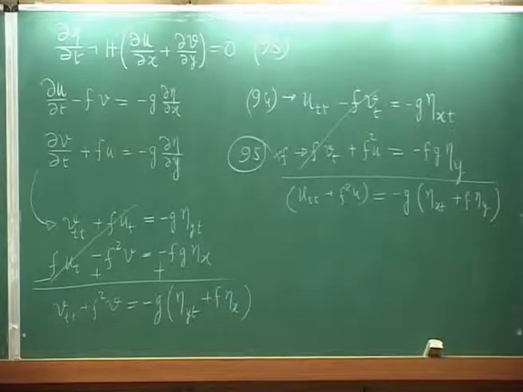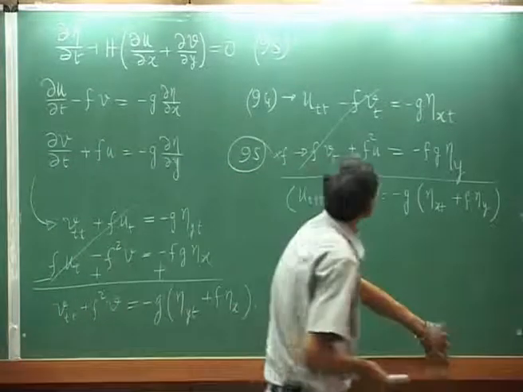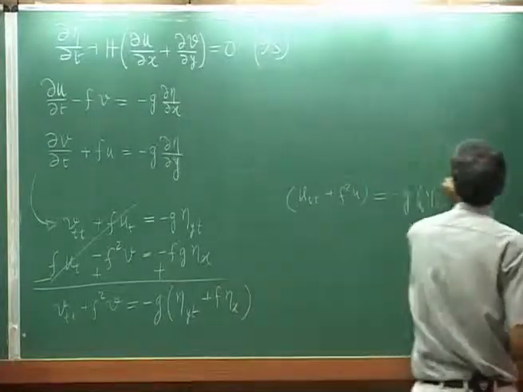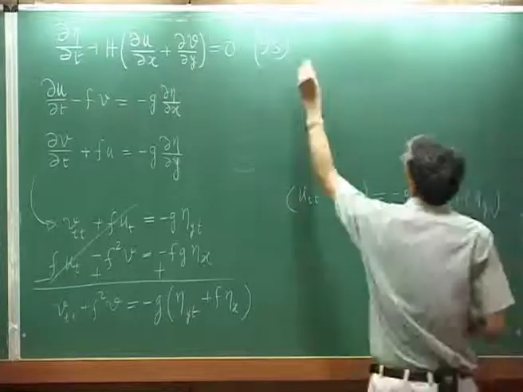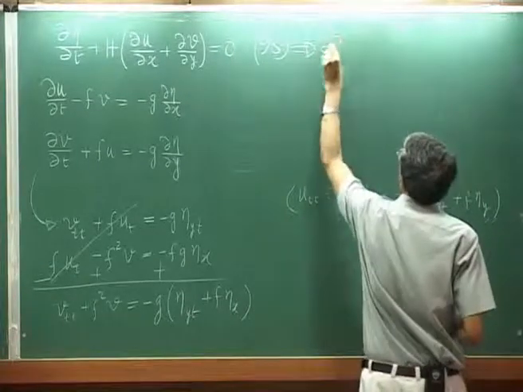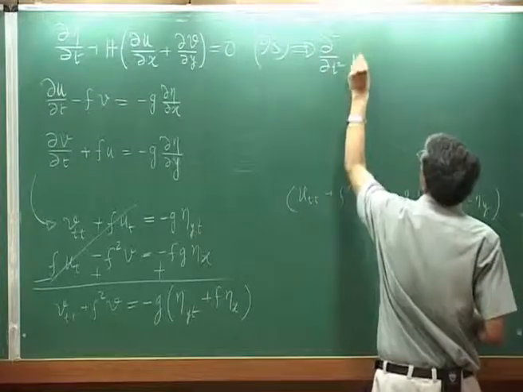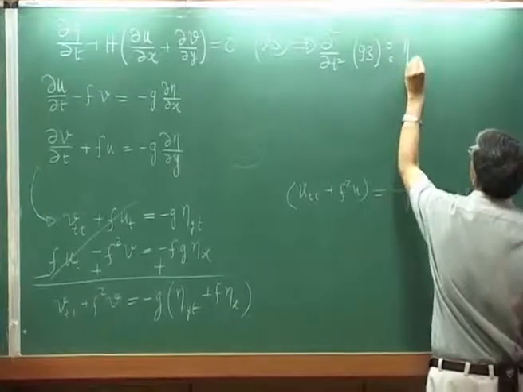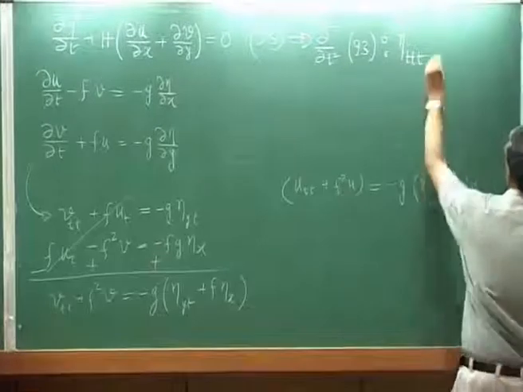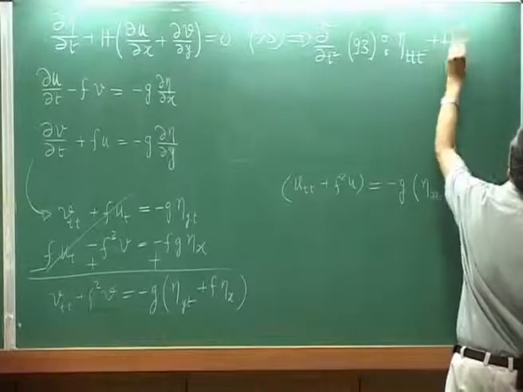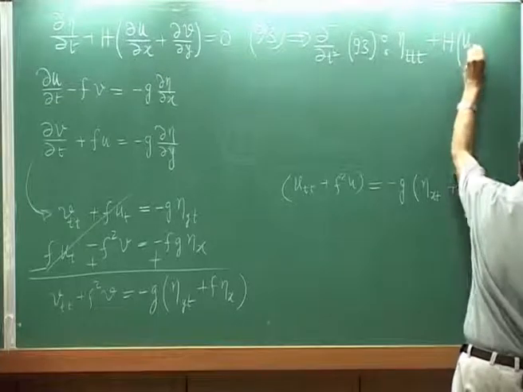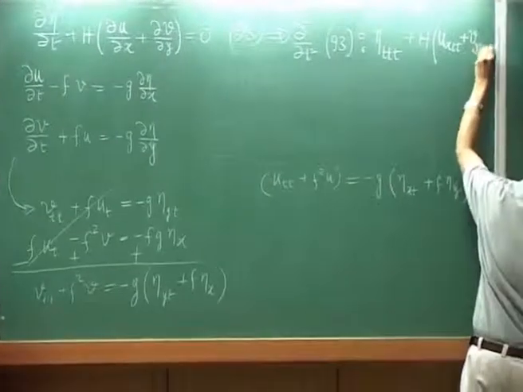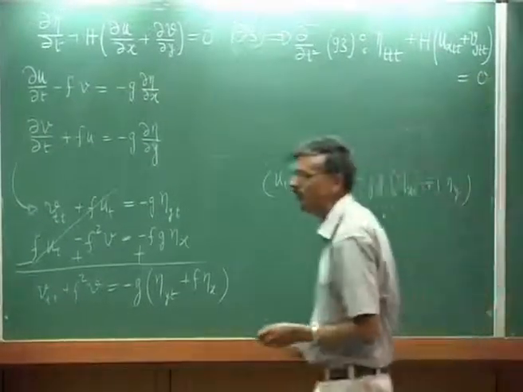So, if I do that, from here, I am going to get the third derivative and plus h of u x t t plus v y t t.